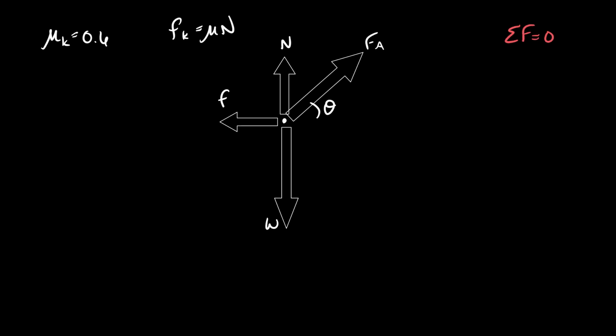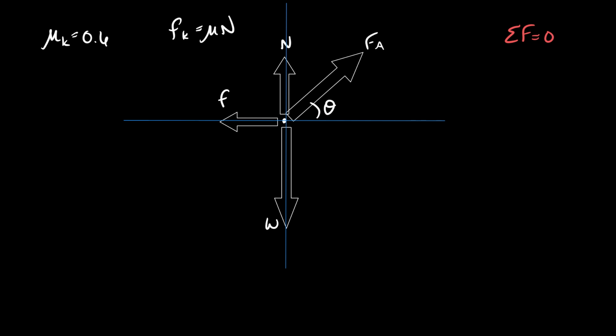We need a coordinate system, and I think the best one to use is aligned with the horizontal, so something like that. I can choose any coordinate system I want because net force is 0, but if I do it this way, 3 of the 4 forces are lined up with this coordinate system. This makes the most sense.